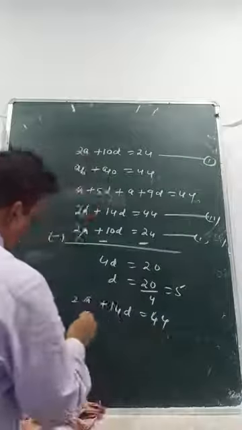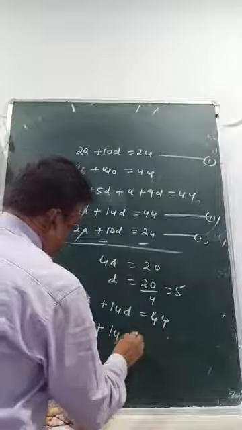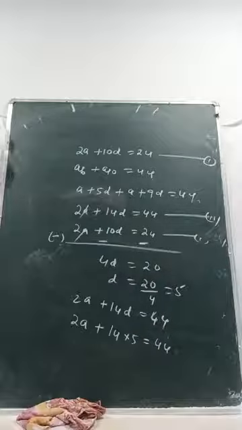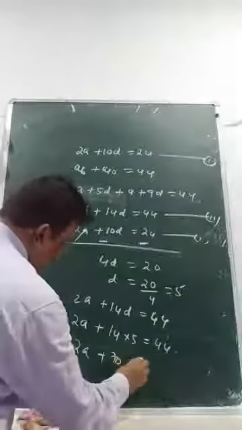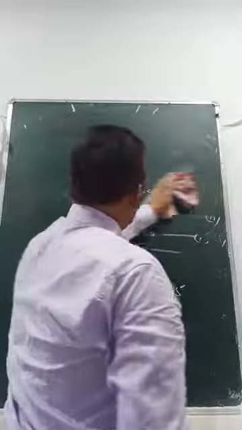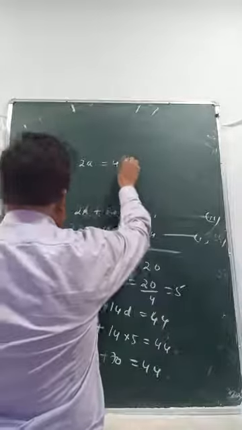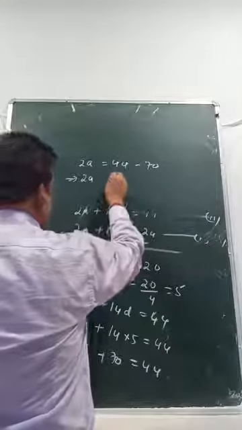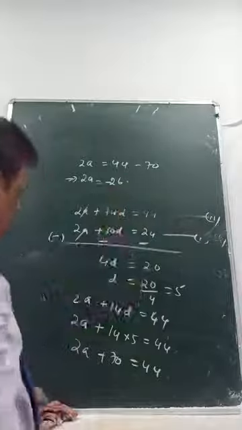Anywhere you can put: 2A plus 14 into 5 equals 44. 2A plus 70 equals 44. 2A equals 44 minus 70. 2A equals minus 26.